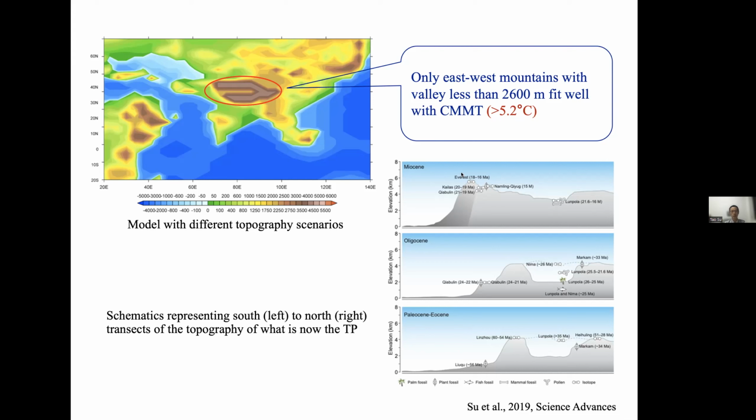We cooperated with colleagues from Bristol, and then we found that only east-to-west mountains with less than 2,600 meters fit well with the coldest month mean temperature requirement.